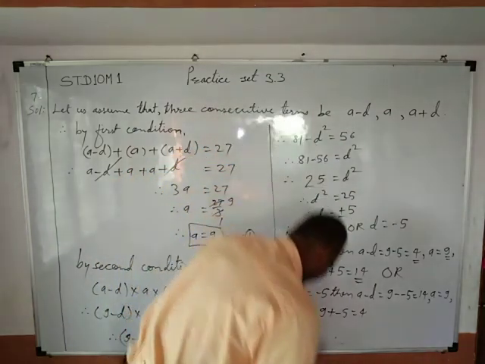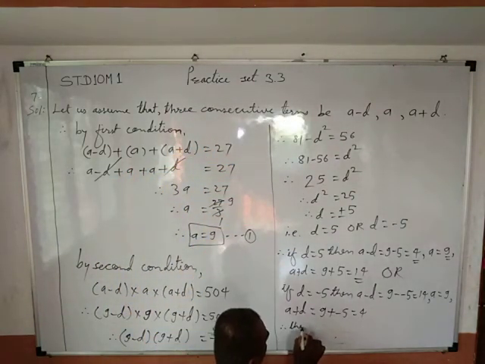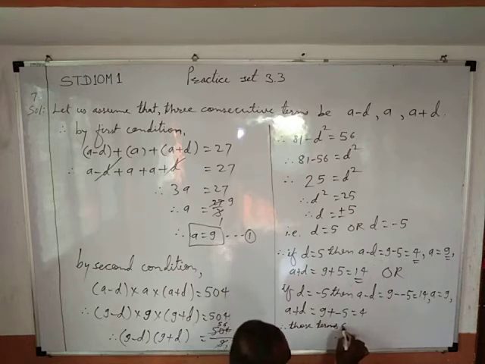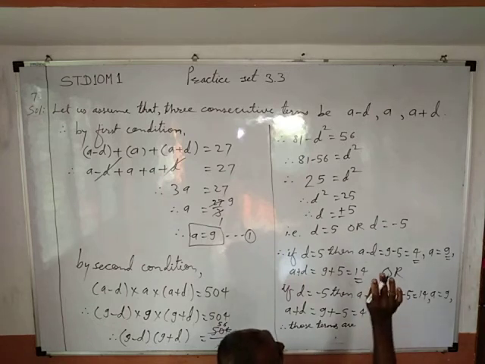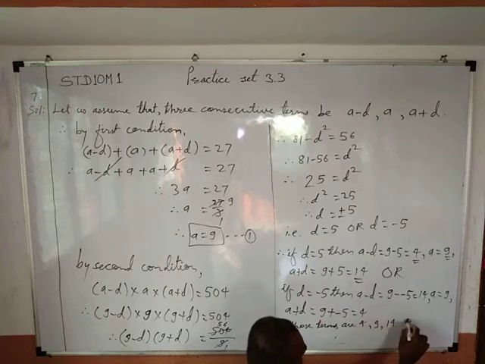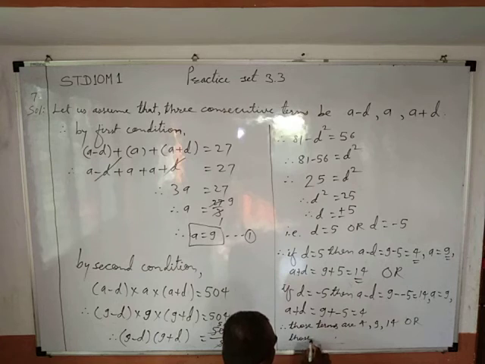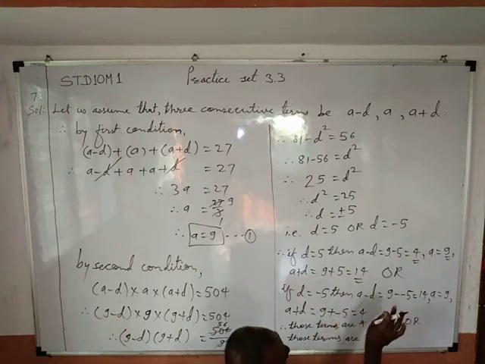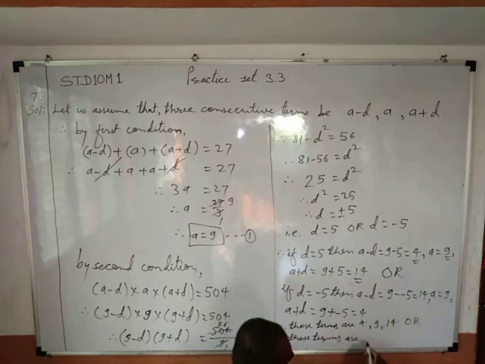Okay, and therefore those terms are 4, 9, 14, or those terms are 14, 9, 4.